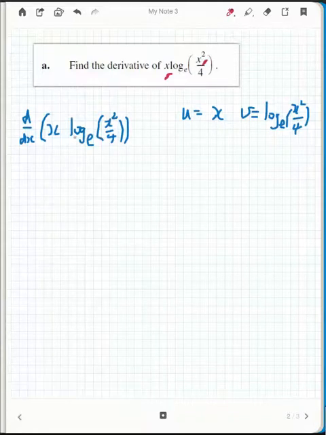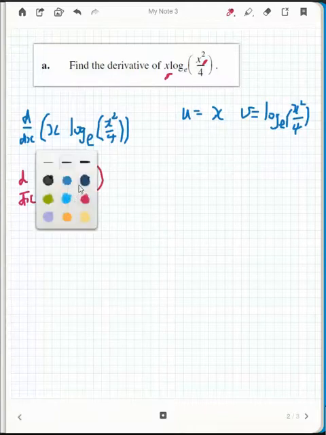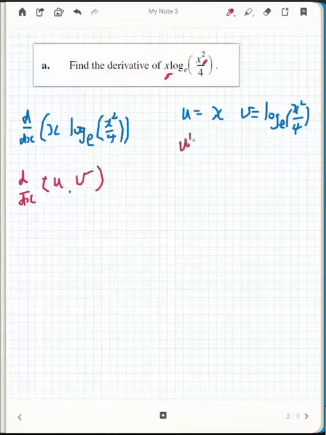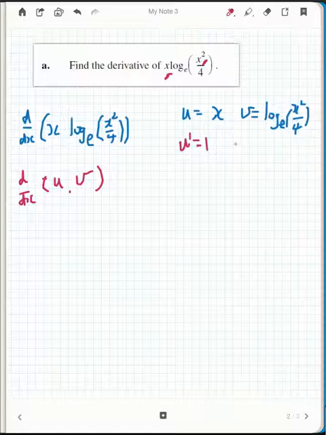So the derivative of x times log base e of x squared on 4 is going to be the same as d dx of u times v, where u is equal to x, which means u dash will equal 1, and v equals log base e of x squared on 4.